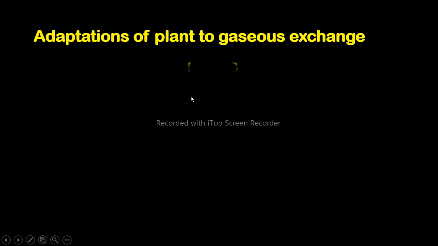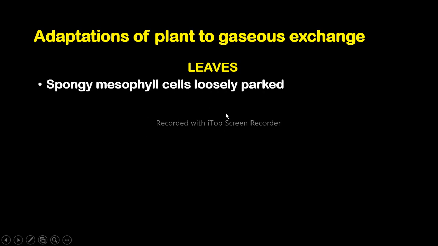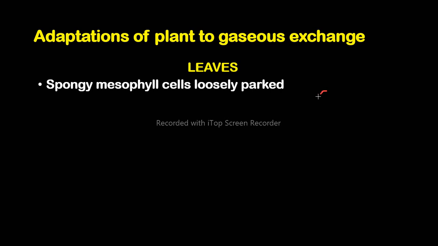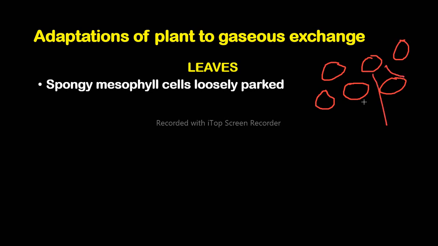Let's have a look at these ones. If we consider leaves, the spongy mesophyll cells are loosely packed. You saw the other 3D structure. You find one here, another one there, another one here. So creating large air spaces.